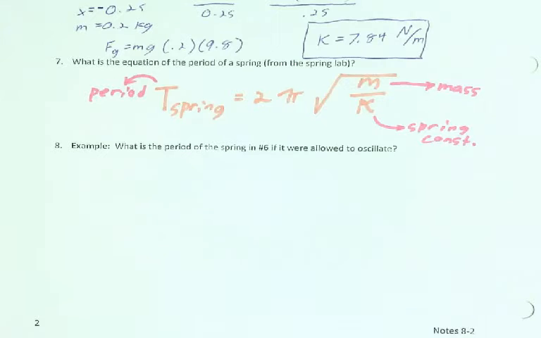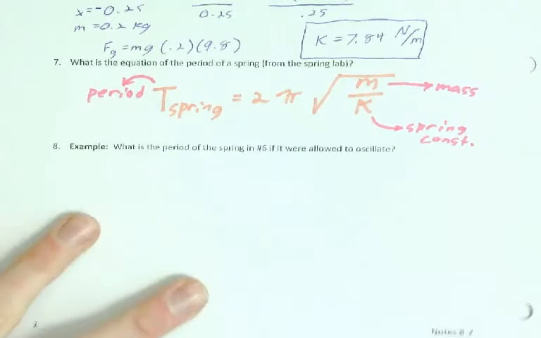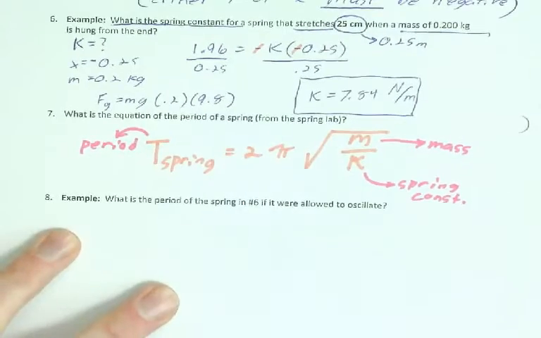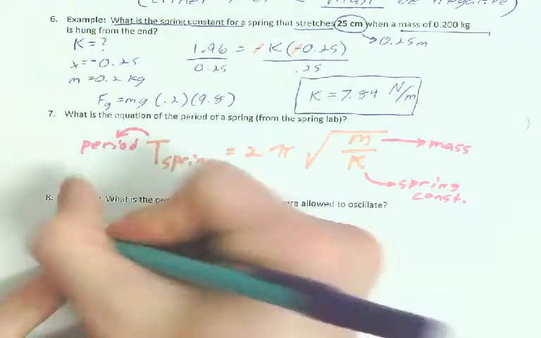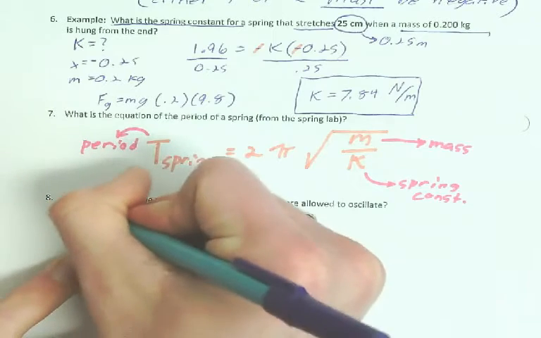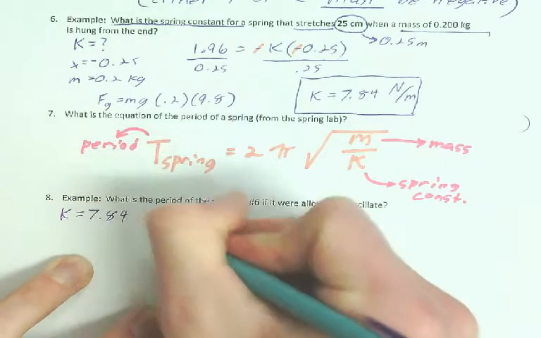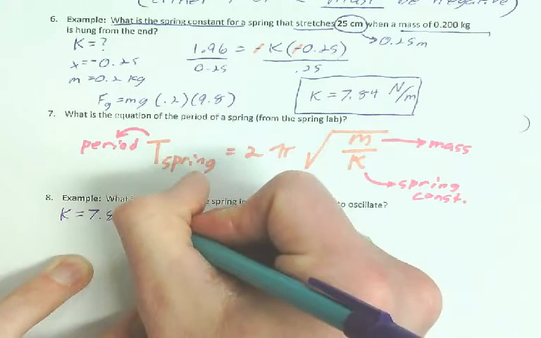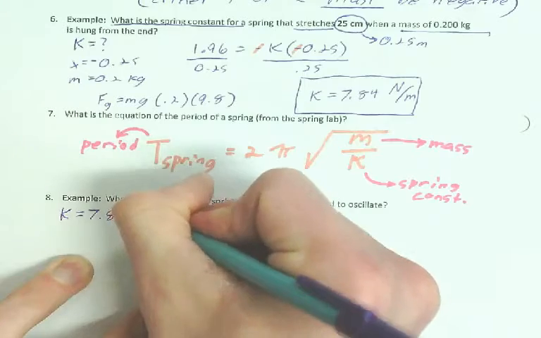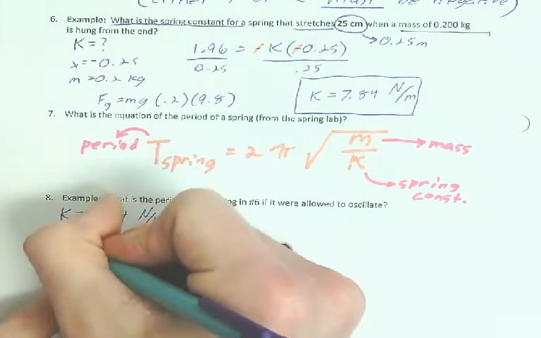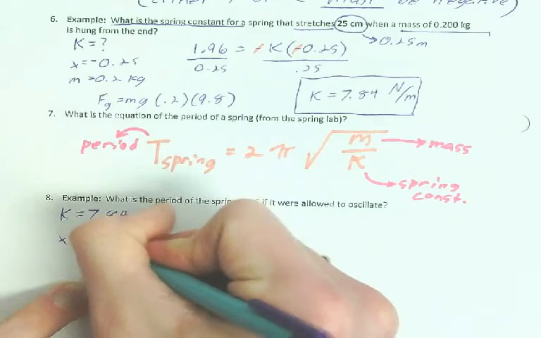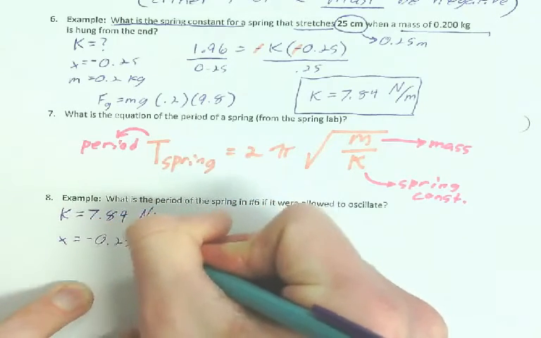So, what's the period of a spring in number 6 if it were allowed to oscillate? I'm going to start by writing down the numbers from number 6. The spring constant K was 7.84. The displacement, X, was negative 0.25 meters.